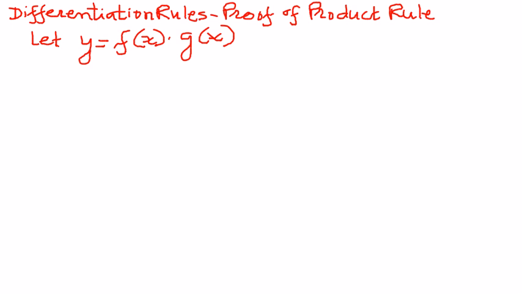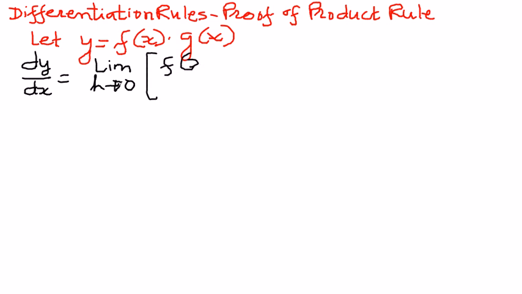do it as follows. We apply the derivative formula of limits the way we know it, and let me write that here. dy by dx is equal to the limit as h approaches 0 of f of x plus h minus f of x, this whole thing divided by h.